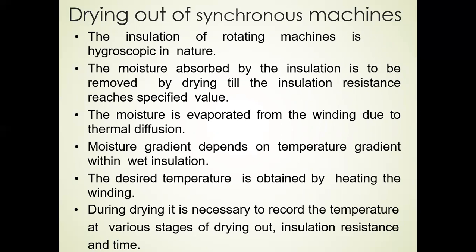The moisture is evaporated from the winding due to thermal diffusion. Here the moisture gradient depends on temperature gradient within wet insulation. Desired temperature is obtained by heating the winding. The insulation resistance is measured by means of a DC megohm meter, that is Megger.